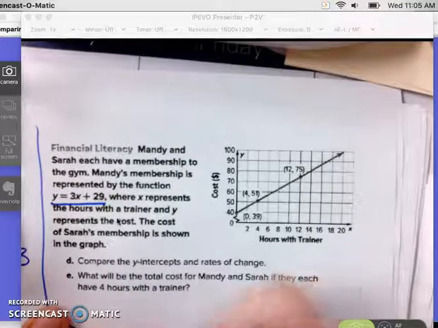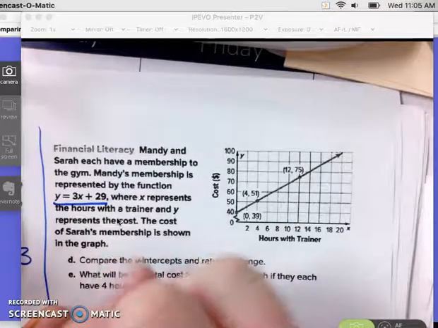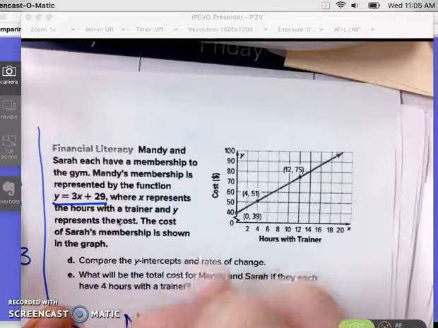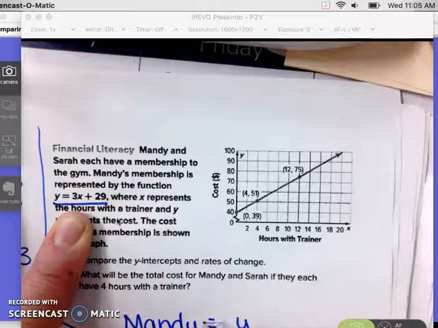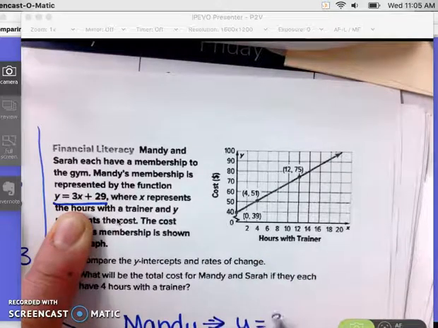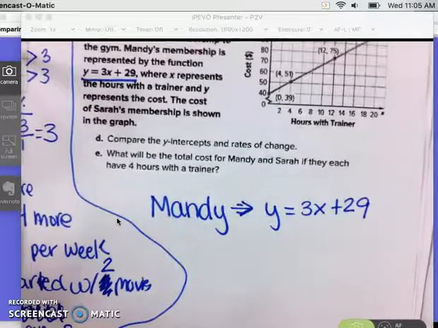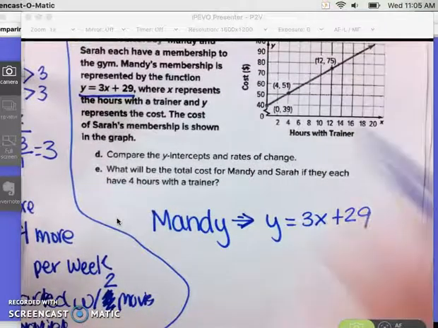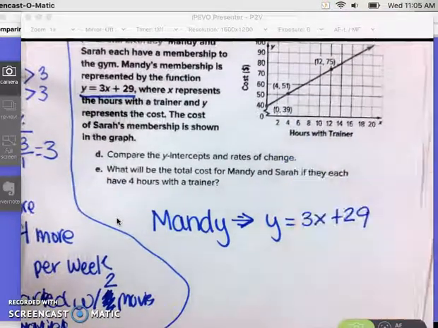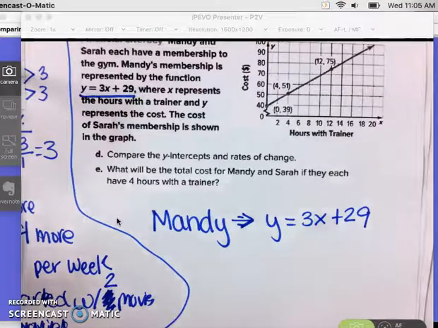So Mandy's membership is y equals 3x plus 29. On this graph, it gives us the y-intercept. Y-intercept. Right here.